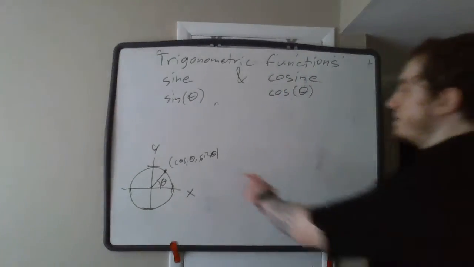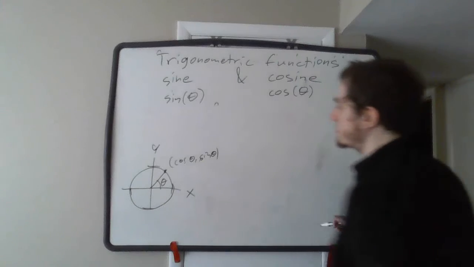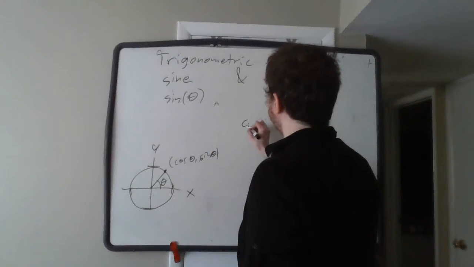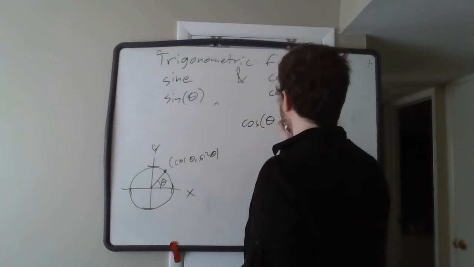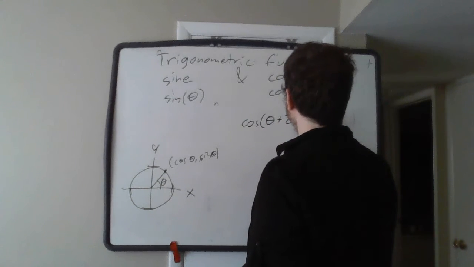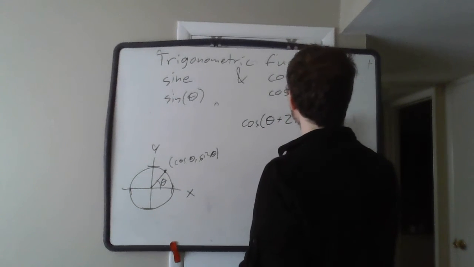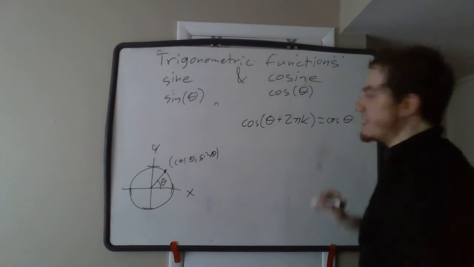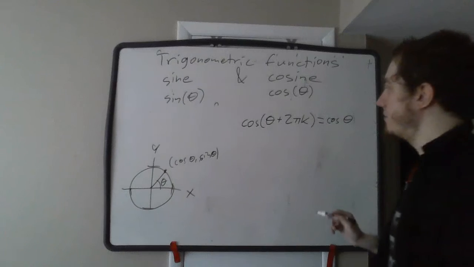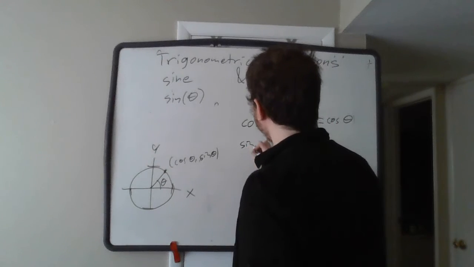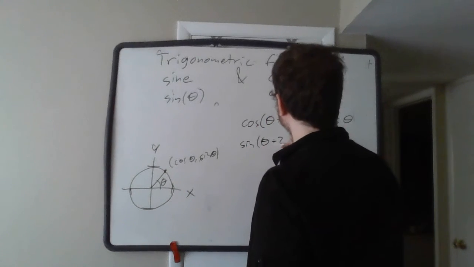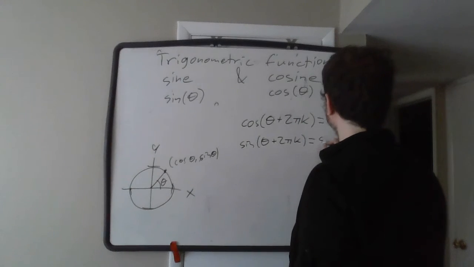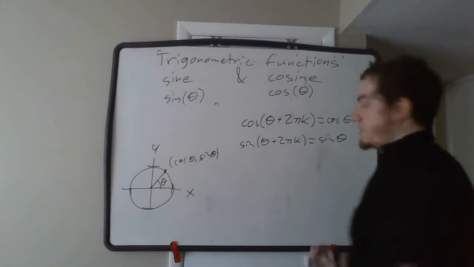So one of the things that this tells me is that the cosine of theta plus any multiple of 2 pi is the same as the cosine of the angle theta. And the same is true for sine. The sine of theta plus any multiple of 2 pi is going to be equal to the sine of theta.